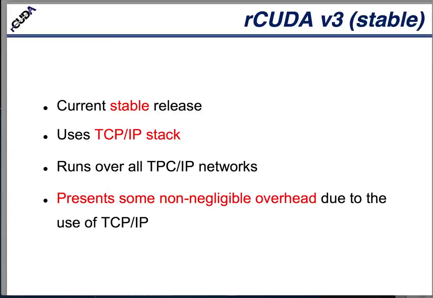As TCP is not designed for the HPC arena, it presents some overhead in some cases which is not negligible, and this is addressed in the new rCUDA 4 release.